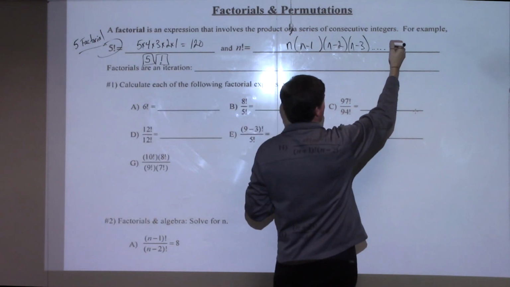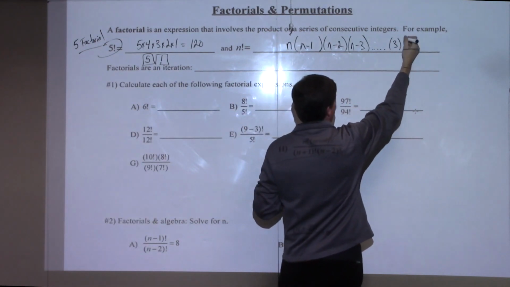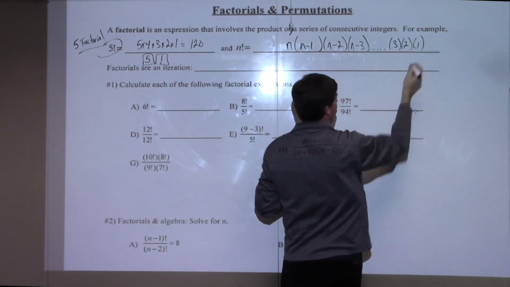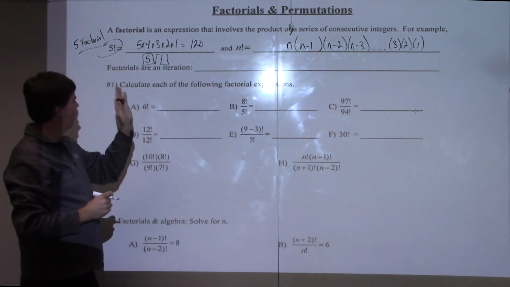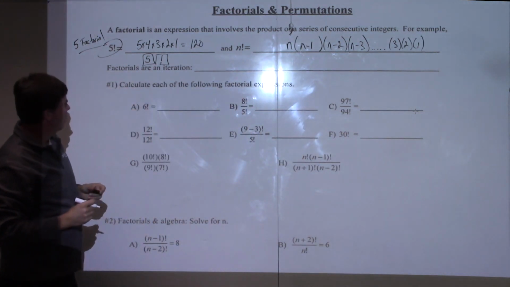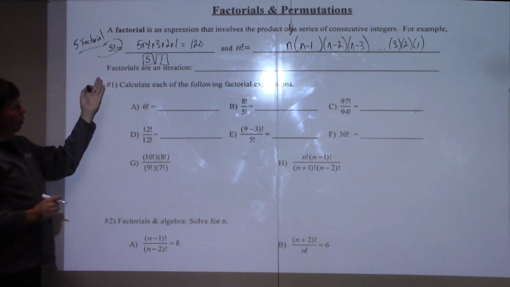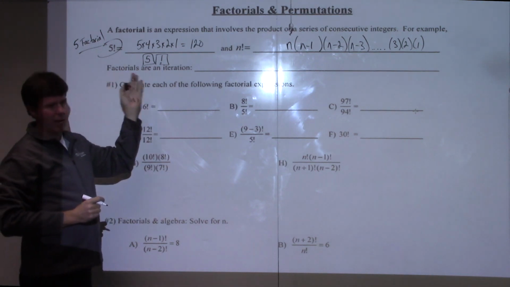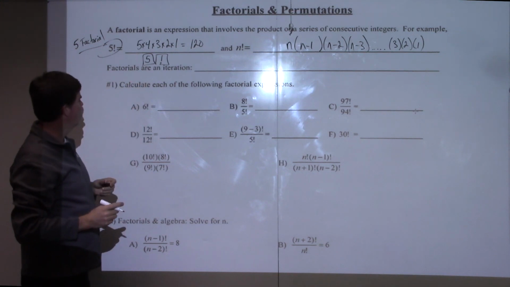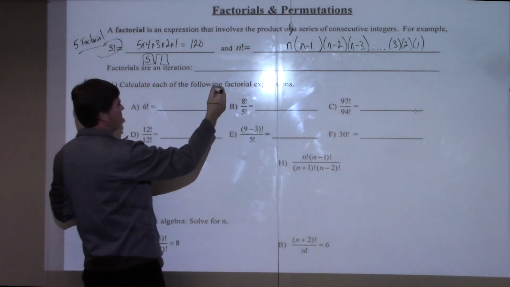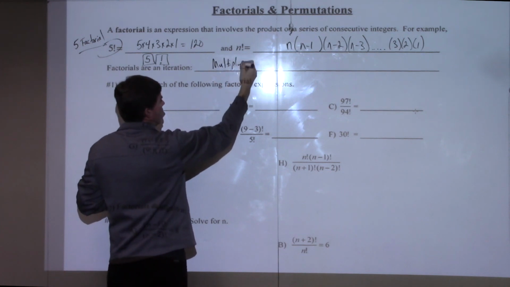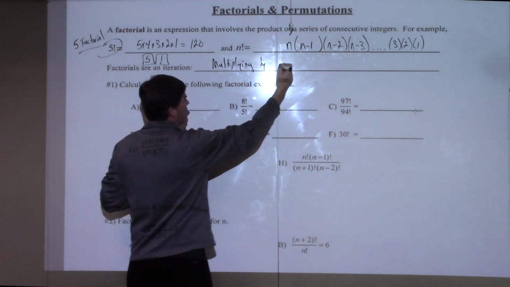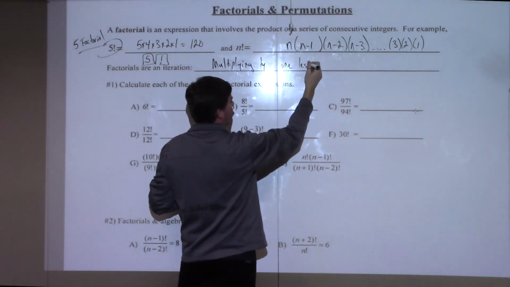By the time you get to the very end, you're going to have 3 times 2 times 1, because every single factorial decreases this way. That's a general term. Factorials are also an iteration, and an iteration is just a pattern that has some level of change. In this case, our factorial is an iteration where you are multiplying by 1 less each time.